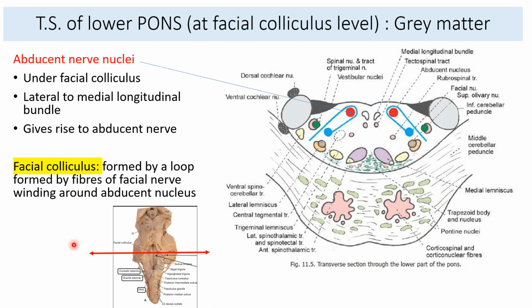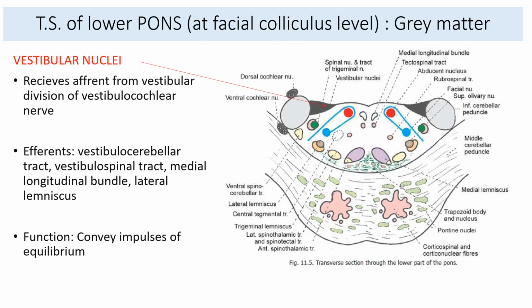Now, let us see the second cranial nerve nuclei at this particular level, which is the vestibular nucleus, the vestibular nuclear component of the vestibulocochlear nerve, the 8th cranial nerve. What is the role of this vestibular nucleus? It is going to receive afferents from the vestibular division of the vestibulocochlear nerve. It's a sensory nerve.